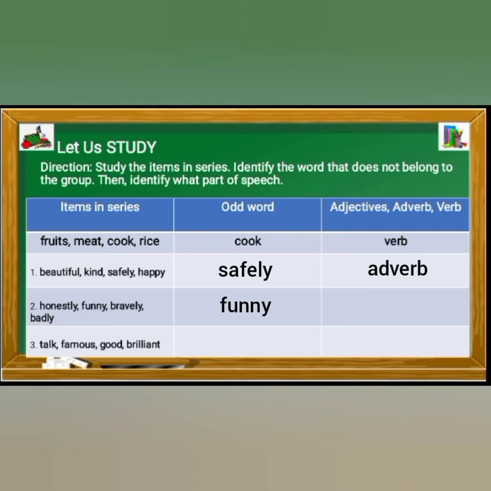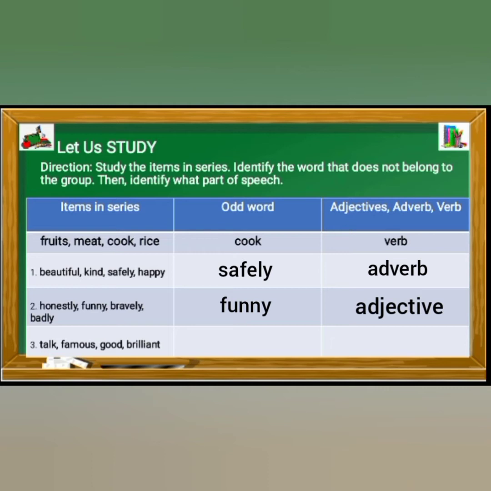The words honestly, bravely, and badly are all what parts of speech? Alright, all of them are adverbs. Now, the word funny belongs to what part of speech? Of course, the word funny is an adjective.